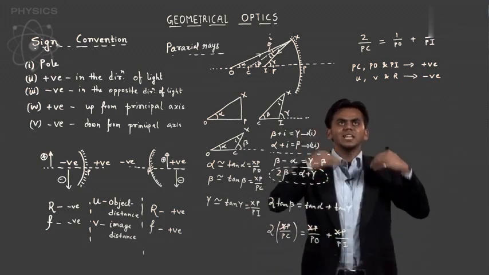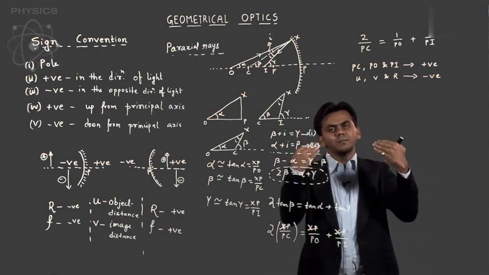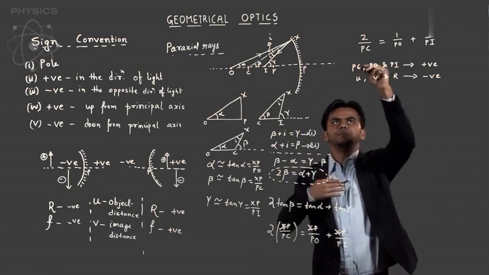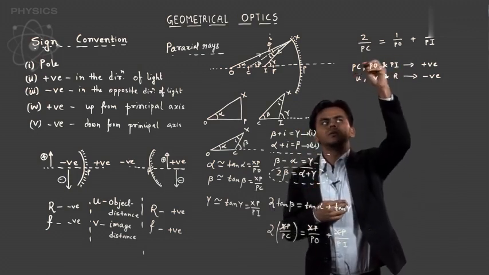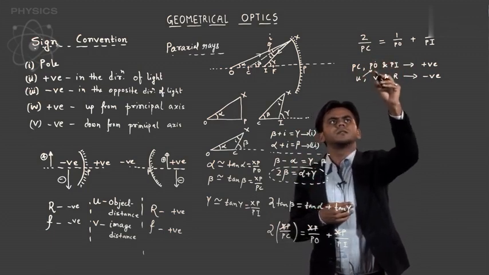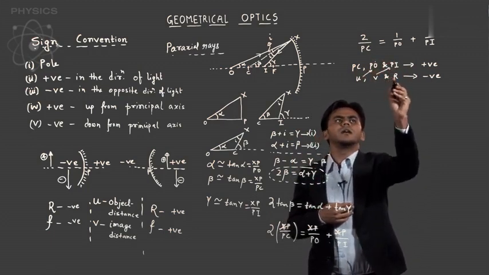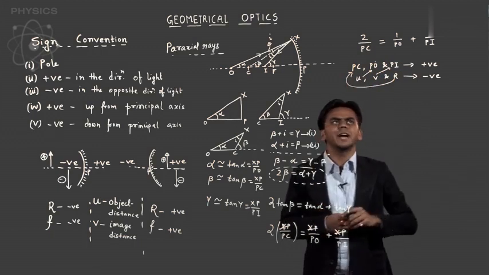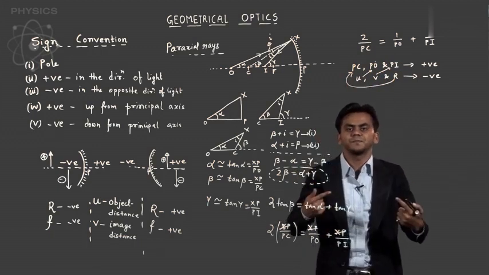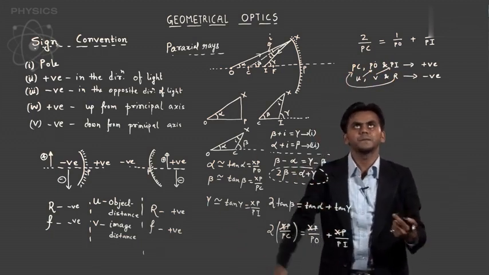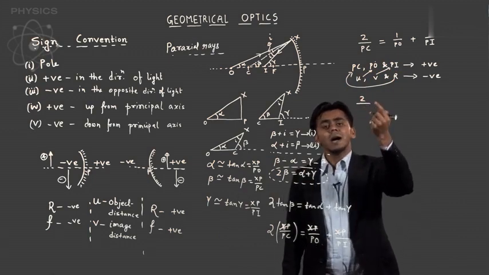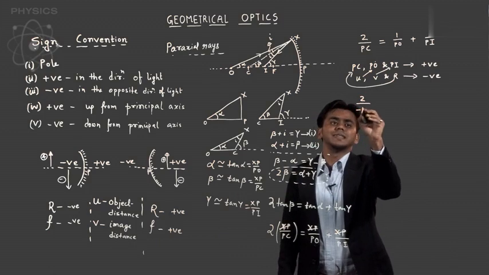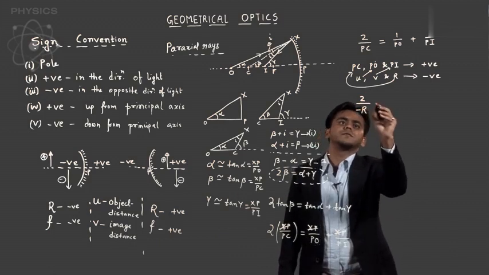So to substitute U in place of PO, V in place of PI and R in place of PC, I need to adjust their signs by using sign convention. So what I will have is 2 by PC, which is minus of R, because R is negative. So negative and negative is positive.